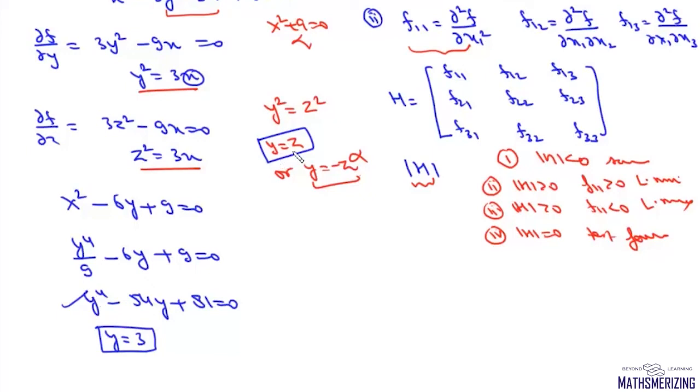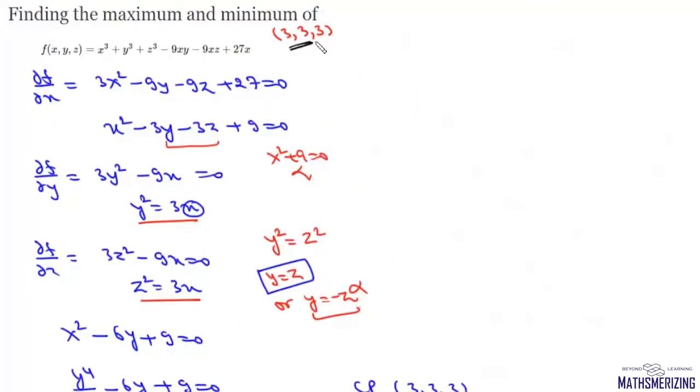Now since y and z are equal, if y is 3, the value of z is 3. So we'll get y equals 3 and z equals 3. Now we'll put y as 3, and we'll also get x equals 3. So our critical point will be 3, 3, 3. So that's our critical point. Now once we have our critical point, we'll find fxx.